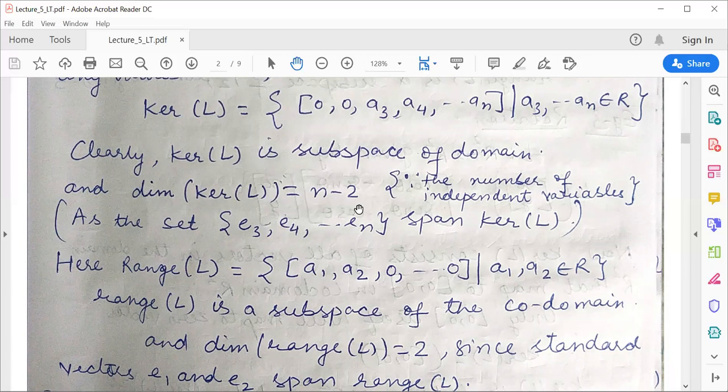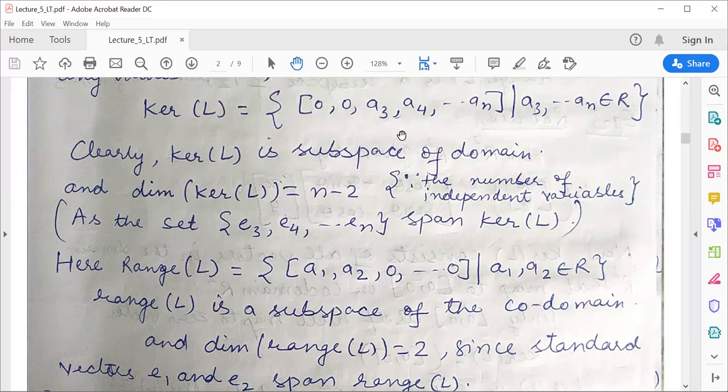Another way to calculate the dimension is by seeing the basis, or you can see which vectors are spanning your kernel of L. Here, the vectors that span this will be E3, E4 up to En, because you can write this vector as a linear combination of 0, 0, a3, and so on.